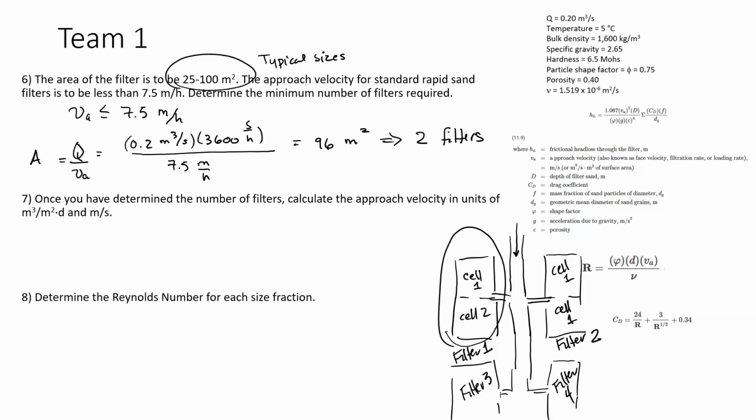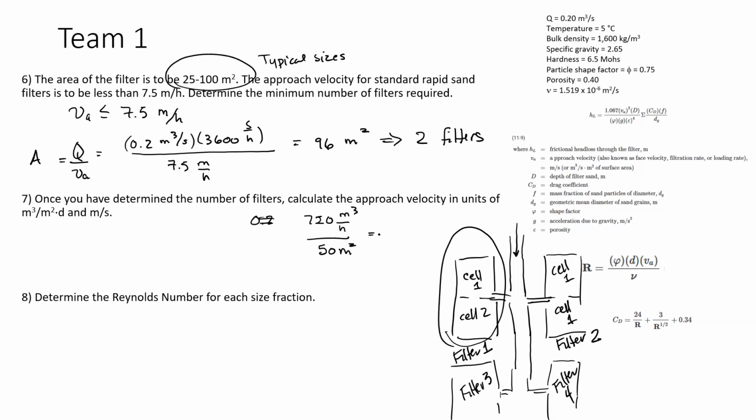As long as we didn't, okay, so good question. Let's just look at that. If we take 720 cubic meters per hour and divide that by 50 square meters, we only have 1 filter, okay?